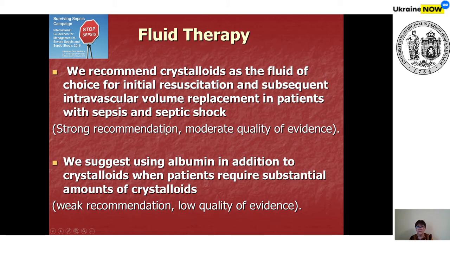Crystalloids are recommended as the fluid of choice for initial resuscitation and subsequent intravascular volume replacement in patients with sepsis and septic shock. It's suggested to use albumin in addition to crystalloids when patients require substantial amounts of crystalloids.